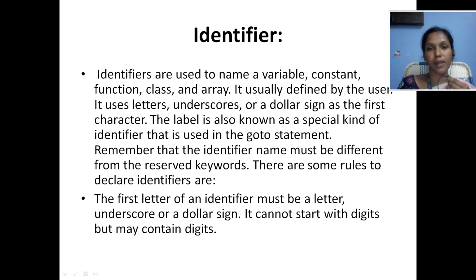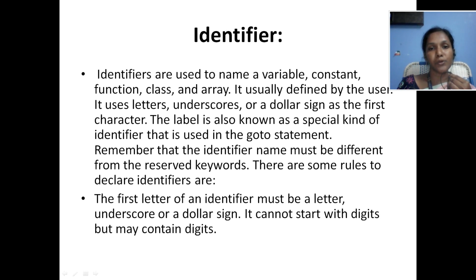If you want to store a value, we need a variable, so we can declare an integer variable a. If you want to store a constant value like pi, that is an identifier. A class is followed by the class name. Even an array has a name, and a method has a name. All of those are identifiers.